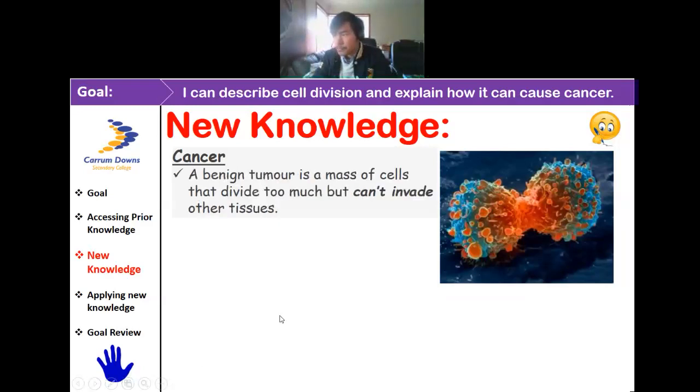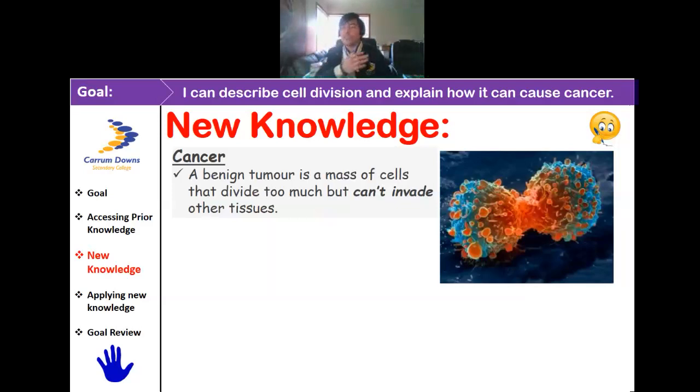So we have two types of tumors, okay? First of all, the first one is a benign tumor. A benign tumor is a mass of cells that divide too much but can't invade other tissues, okay?